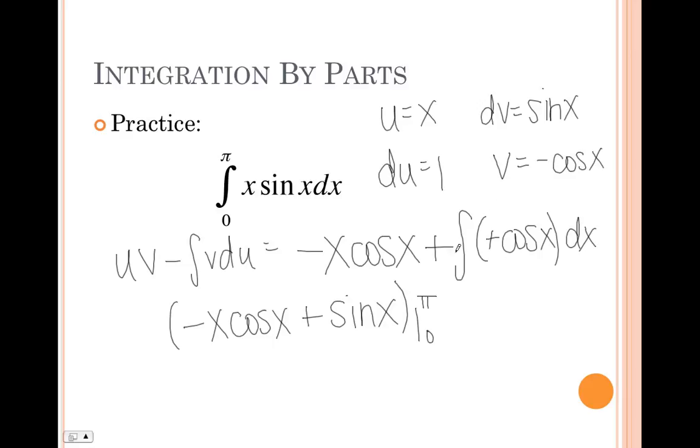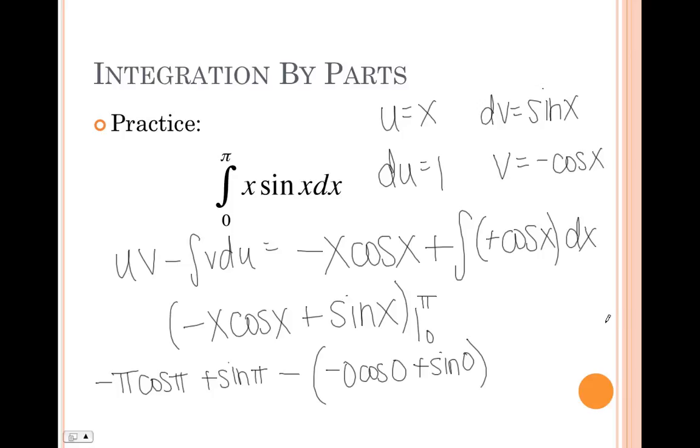Okay, don't worry about this integral, just wait till you're done and then evaluate the entire thing. So this is negative pi cosine pi plus sine pi minus negative 0 cosine 0 plus sine 0. Okay?